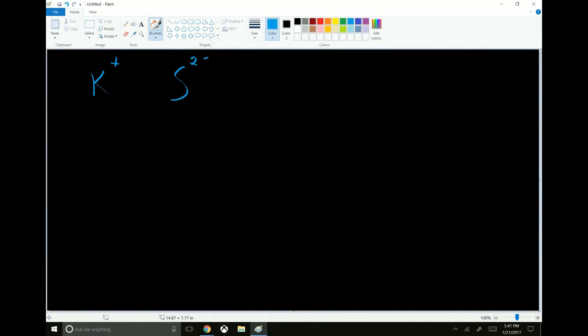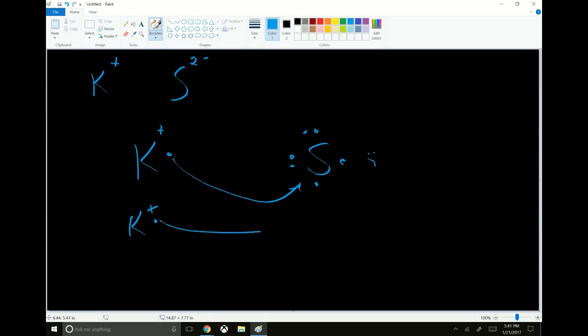So here is our thing. So potassium and sulfur. Potassium is going to lose its 1 electron over here to sulfur. Now, potassium is happy as a 1+. Sulfur is not yet happy. So we need another potassium. It's going to lose its 2nd electron.